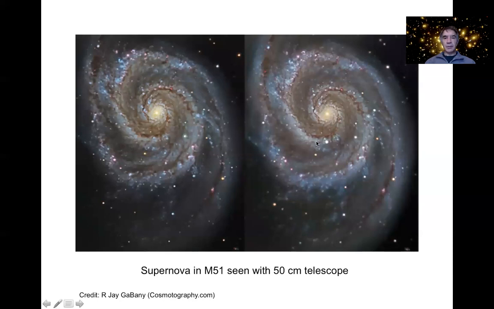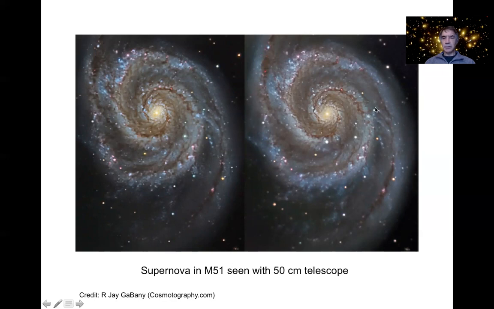If you look here, there's what looks like a star, but it wasn't in this image. If this image was taken one night and this one the next night, and you difference the two images, everything else disappears, but here it looks like there's something new.